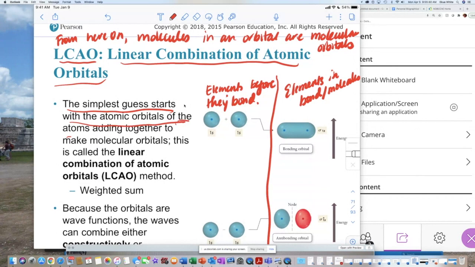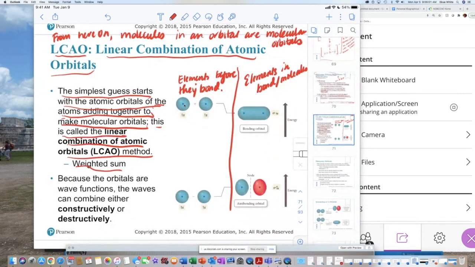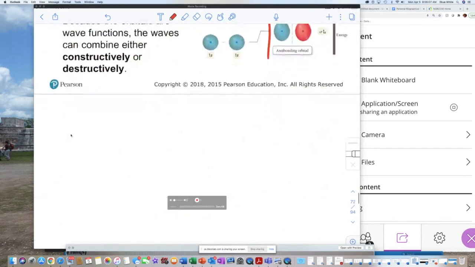It starts with the orbitals of the elements adding together to make molecular orbitals. And this is called the linear combination of atomic orbitals method, kind of a weighted sum. So what we do here is if you take two atomic orbitals and you add them, you get two molecular orbitals. So let me do the math real quick down here. I'm calling it math, but I'm using that word loosely. It's just a weighted sum.